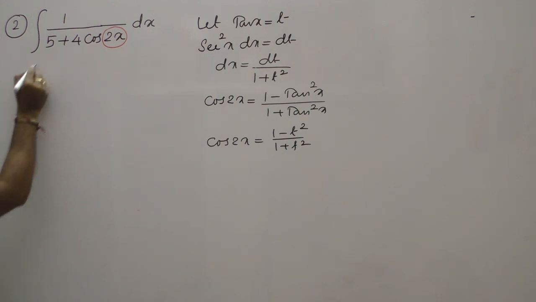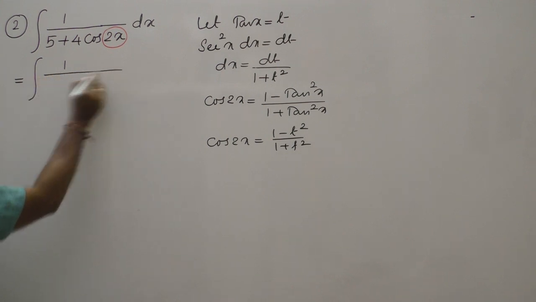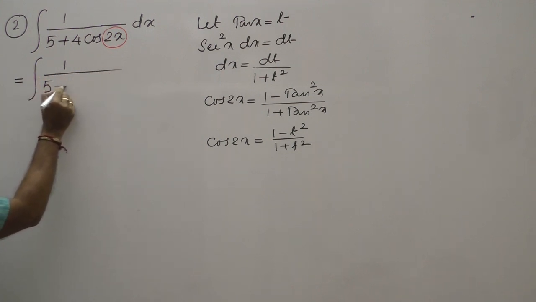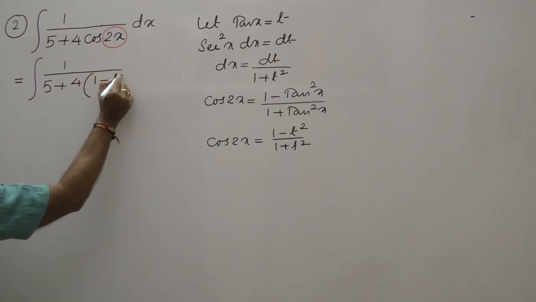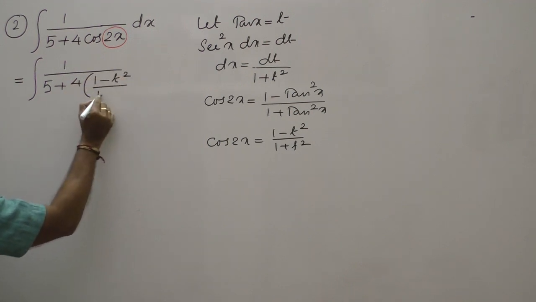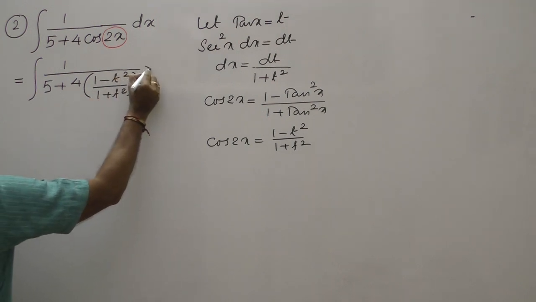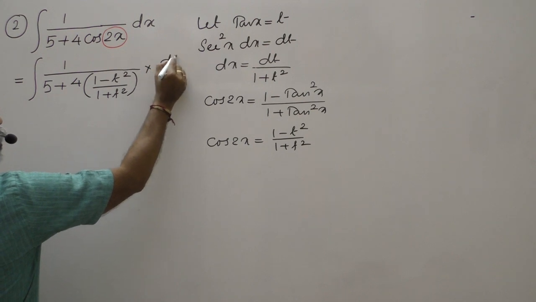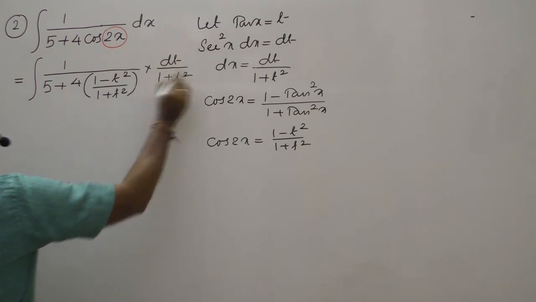So therefore this becomes integral 1 divided by 5 plus 4 into, what is cos 2x? 1 minus t square by 1 plus t square, into what is dx? Now it is only dt by 1 plus t square.